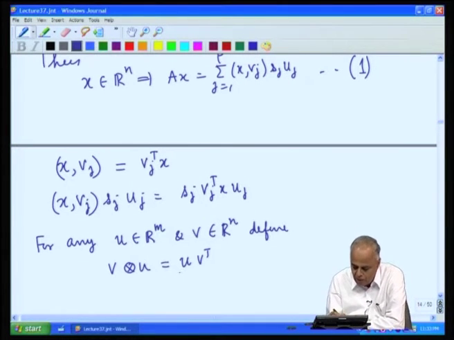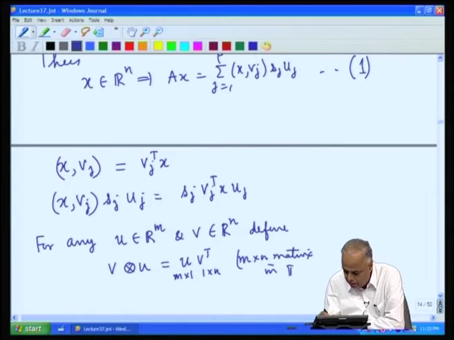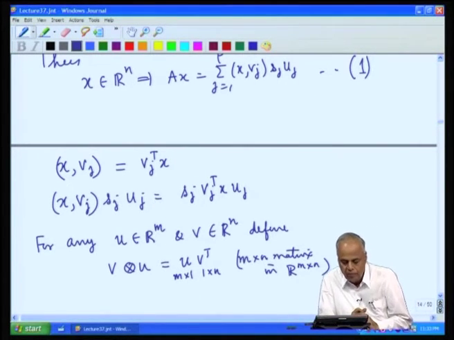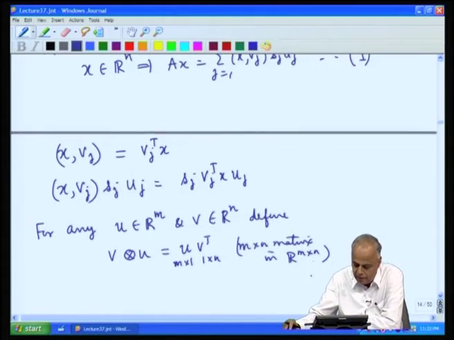Now, since u is in R m, this is m by 1, and v is in R n, so v transpose will be 1 by n. So, this will be an m by n matrix in R m by n. So, it is real. If u is in R m and v is in R n, v tensor u, defined as u v transpose, is an m by n matrix.